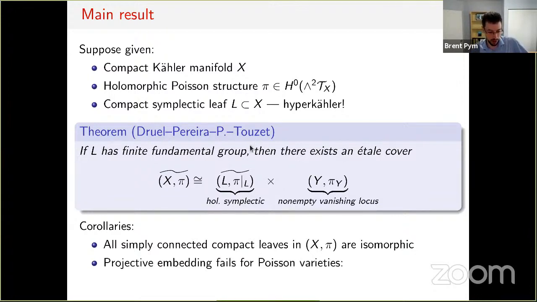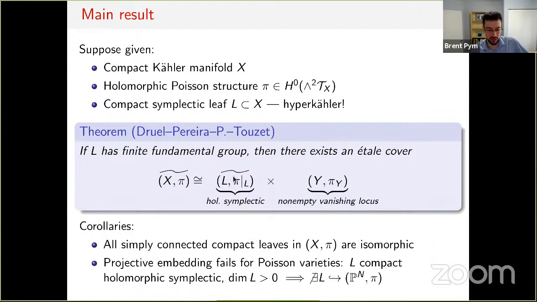A second corollary is that there's a kind of failure of the idea of projective embedding in the context of Poisson varieties. So if you have a compact holomorphic symplectic manifold of positive dimension, then there cannot possibly be any way to embed this symplectic manifold into projective space as the symplectic leaf of a Poisson structure.